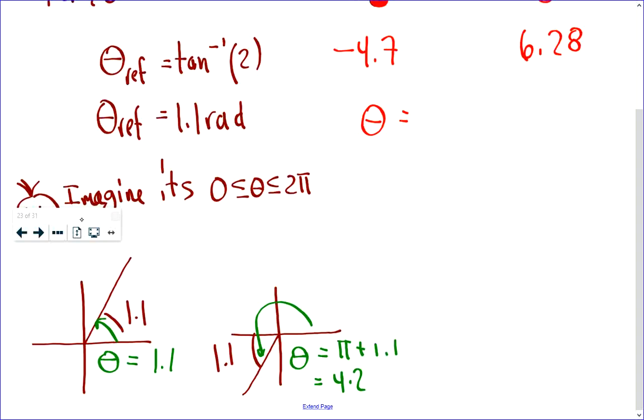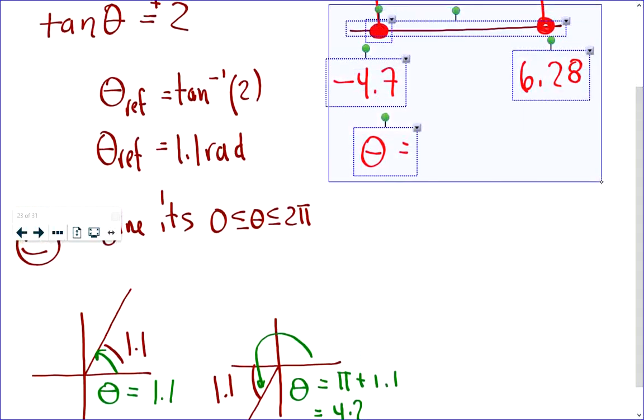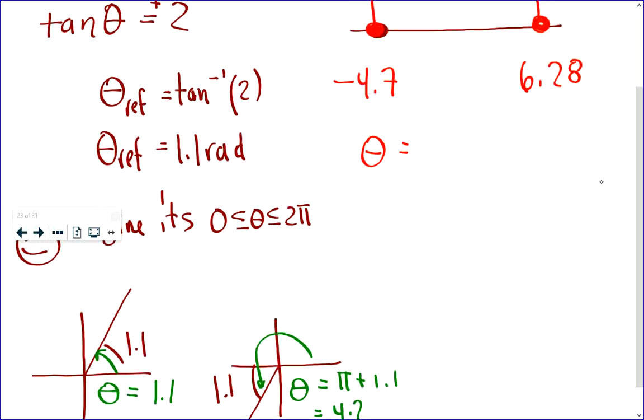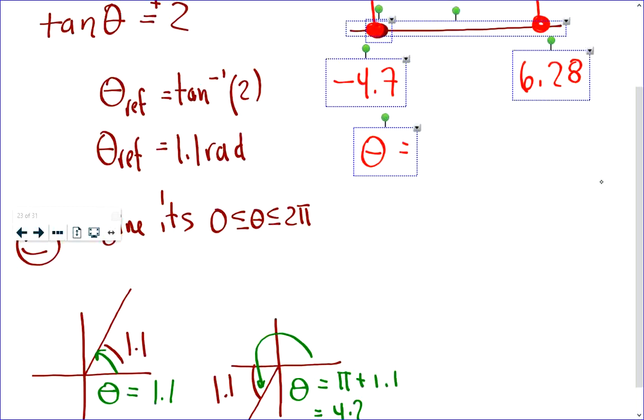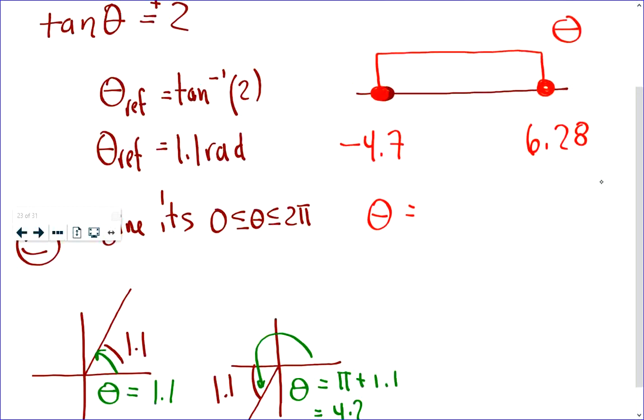Is 1.1 in between these numbers? Sure it is. It goes from negative 4.7 all the way up to positive 6.28. It's going to pass through 0, right? 0 would be about here. And then it's going to get bigger and bigger. So 1.1 is in there, so we put it in our list of solutions.